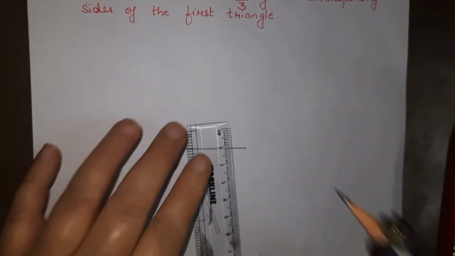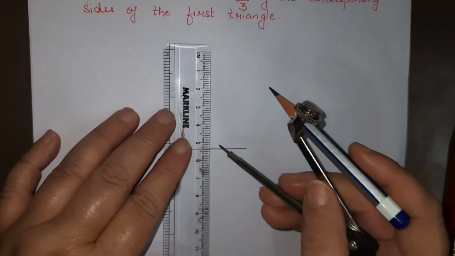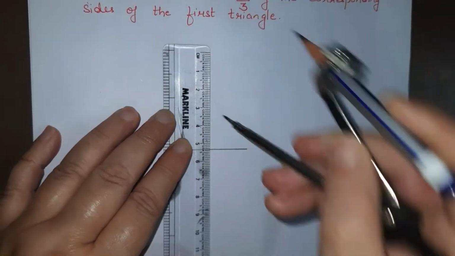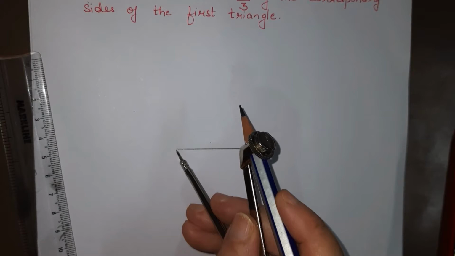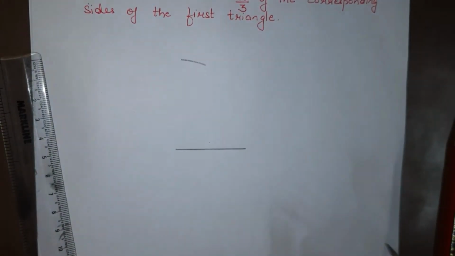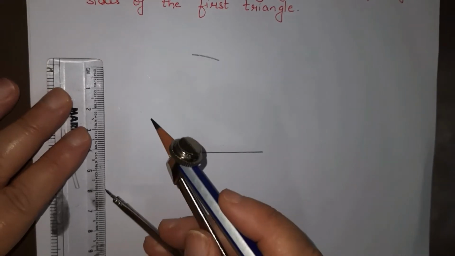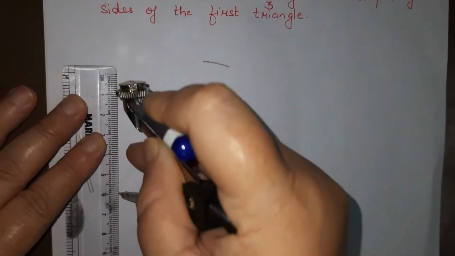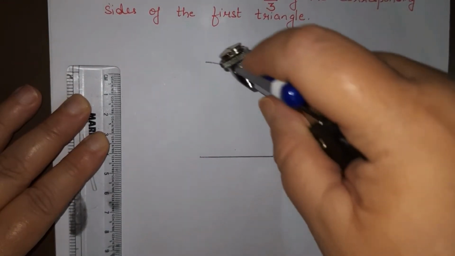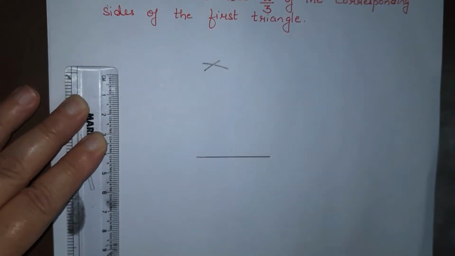So we will take our compass, open it 5 cm, and draw an arc from this side. So this is 5 cm and then 6 cm. So this is 6 cm from here like this.